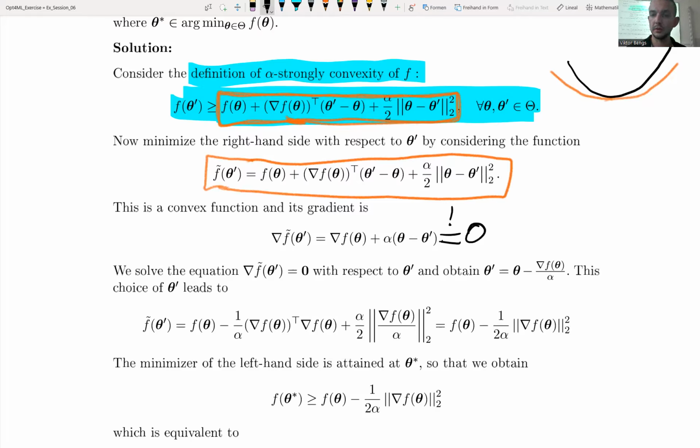Oops, is there a plus? There should be a plus, right? So if we plug in here theta prime with a plus, then the gradients are canceling out, not with the minus. With the minus, we would get 2 times the gradient. Sorry.